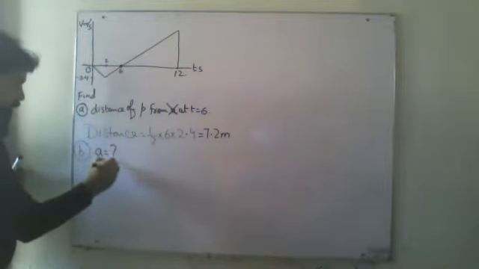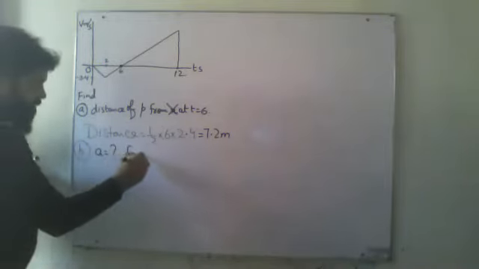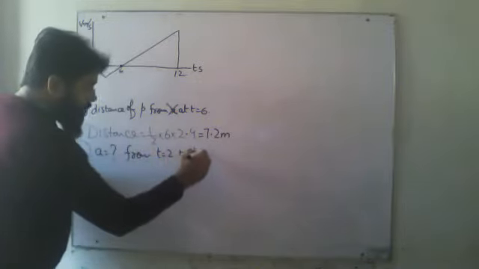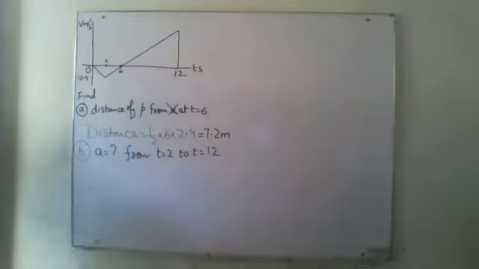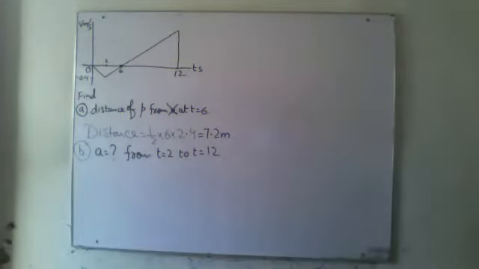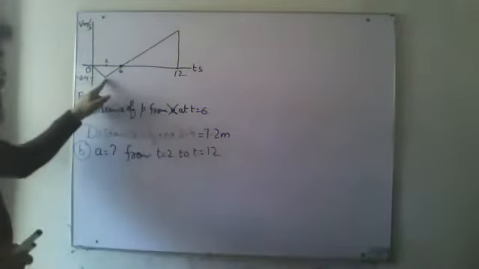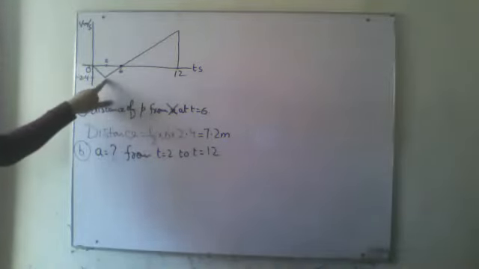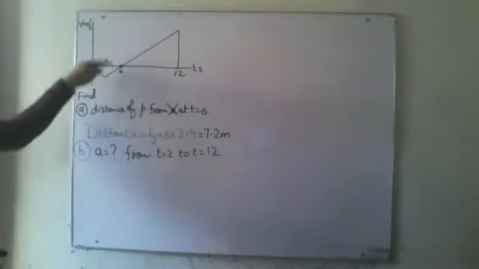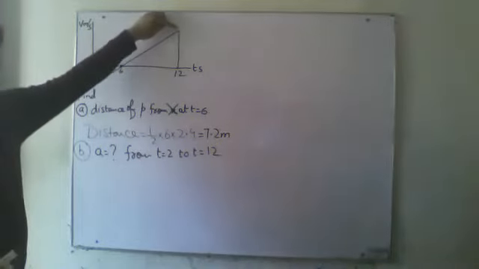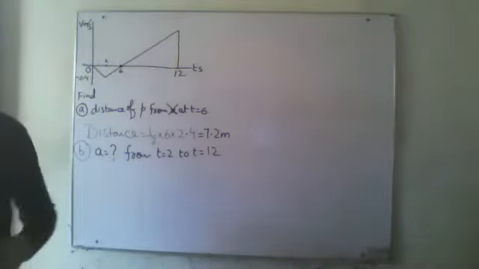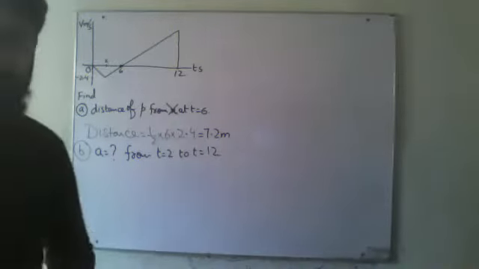Now what to do? Over here I have got two coordinates, but the problem is that I haven't got anything over here. This is 12, but I haven't got anything over here. Now what to do? There is a problem.